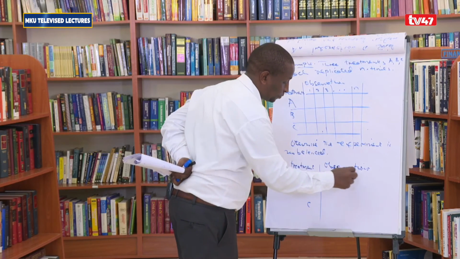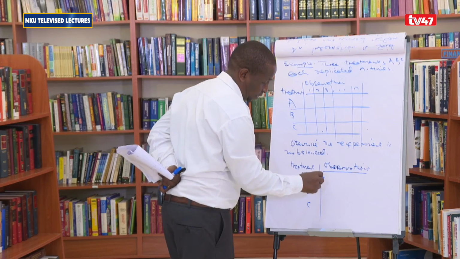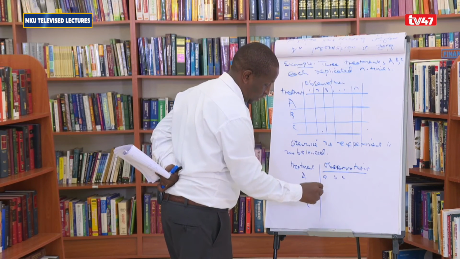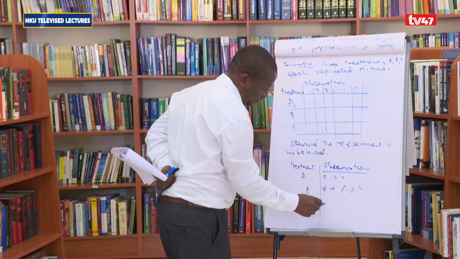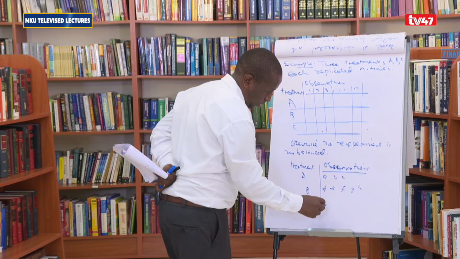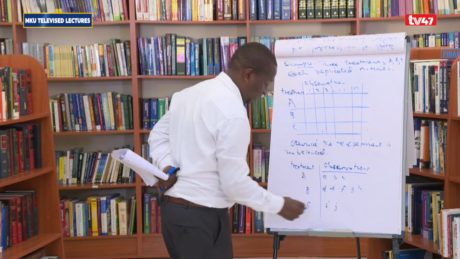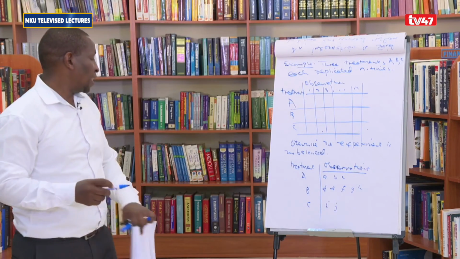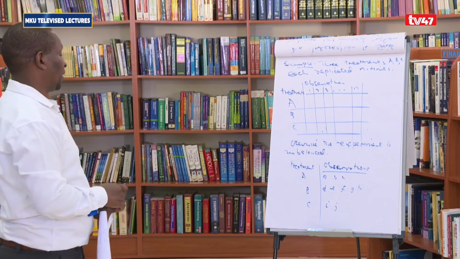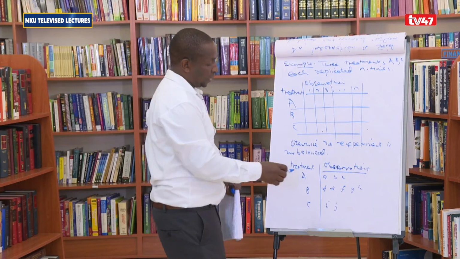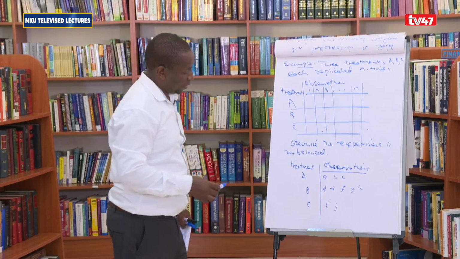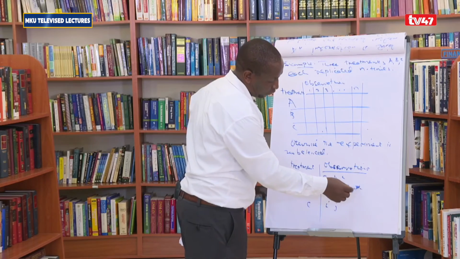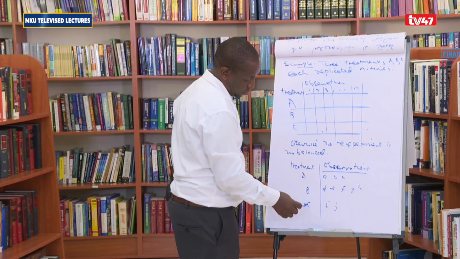Say we have A, B, C, D, E, F, G, H, I, J. So treatment A has been replicated 3 times, or it has been observed on 3 experimental units, while treatment B has been observed on 5, while treatment C has been observed on 2.